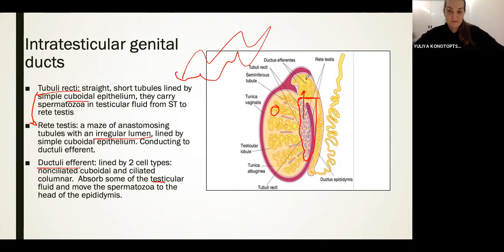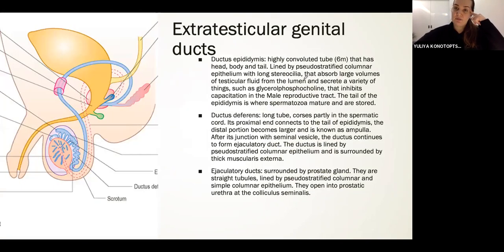At the vas efferent, we're just starting to remove some of the fluid, so they slowly learn to move. Okay, these are intratesticular ducts. Remember this. They're just inside of the testicle. So from the vas efferent, we go to the head of the epididymis.